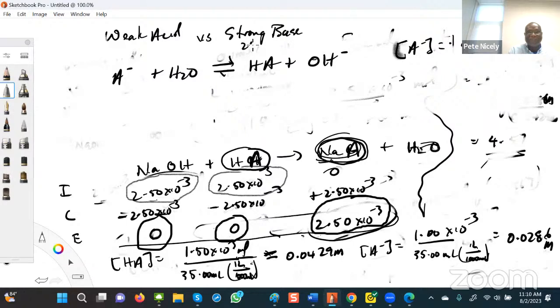Was it 25? Let me check. I think it was 25, but I'll wait for your confirmation. I thought it was, and maybe this was for the previous problem, but I had 10 milliliters. So I don't know if you changed it to 25 for this example. Well, what was the volume of the acid?